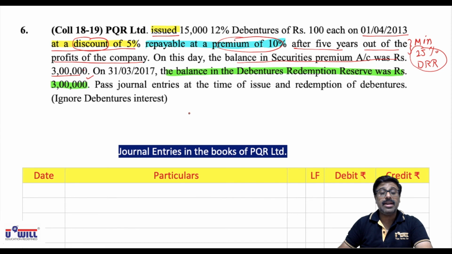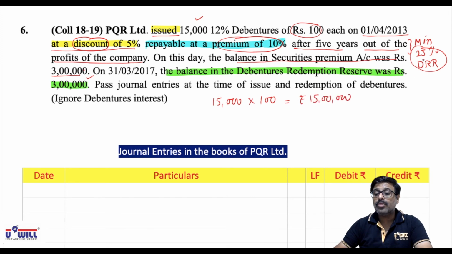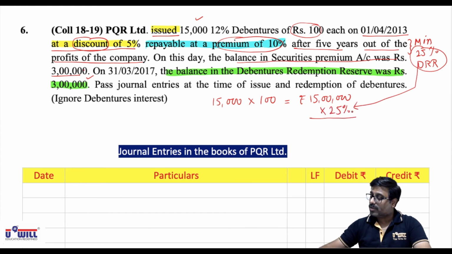Let us check. Have we created 25%? 15,000 debentures are there of rupees 100 each. Means, can I say debentures are of rupees 15 lakhs? Now this 25% amount we have to transfer to debenture redemption reserve. What is 15 lakhs into 25%?